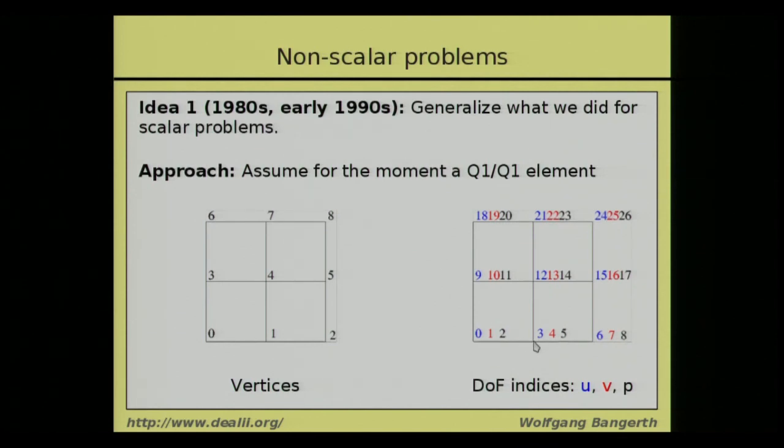And then I'm going to move on here, and I'm going to say the x velocity is degree of freedom 3, the y velocity is degree of freedom 4, the pressure is 5, and so on and so forth. That is one possible enumeration. There are, of course, many others. I could, for example, have enumerated first all of the x velocities, and then all of the y velocities, and then all of the pressures.